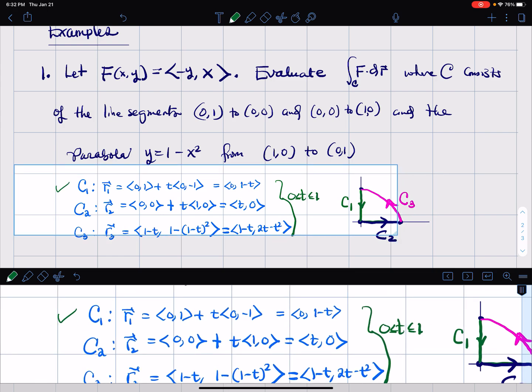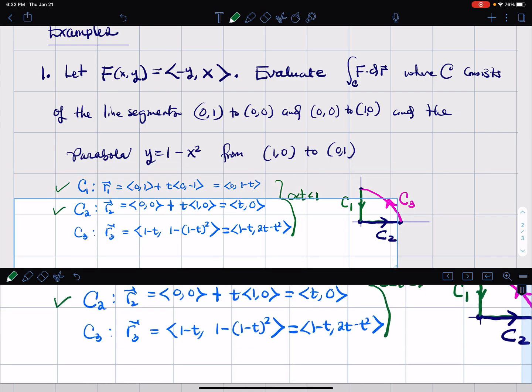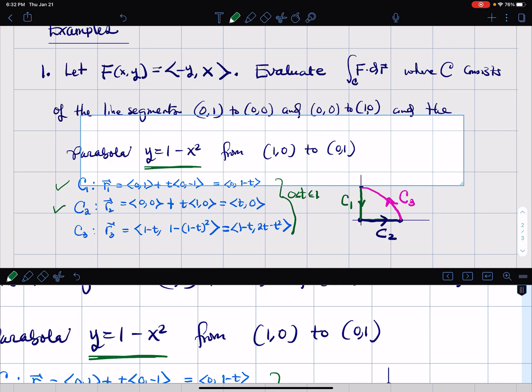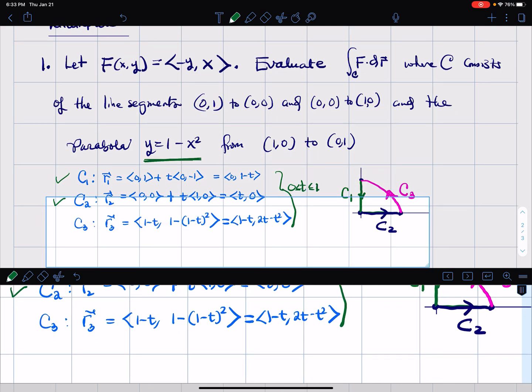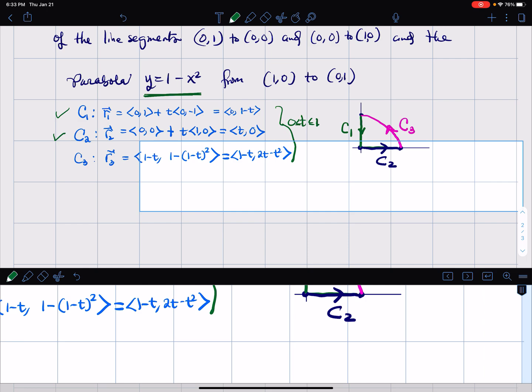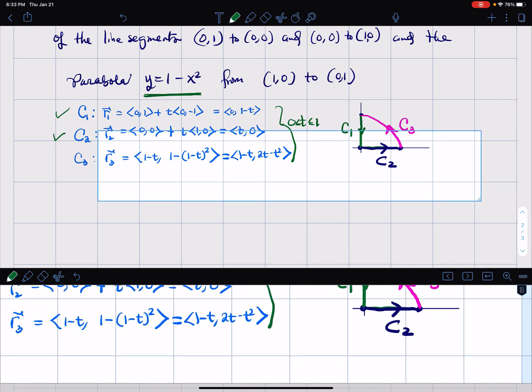The first curve is easy to do. The second one, it's easy. The third one, you have the parabola y equals 1 minus x squared. What I did is I chose a parameterization that I'm comfortable with, that I know about. I chose x equals 1 minus t and y equals 1 minus (t minus 1) squared, since x is 1 minus t.